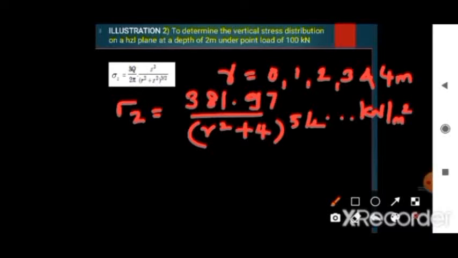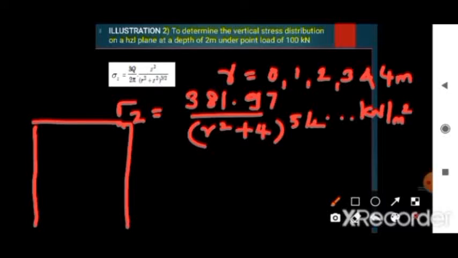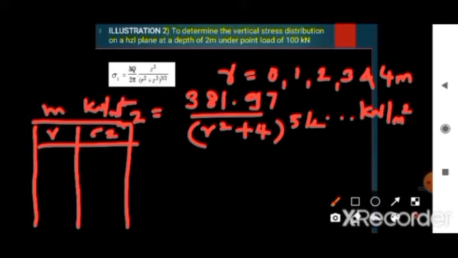So here we calculate the value of sigma z. This is r, in terms of meter, and this is sigma z, in terms of kilonewton per meter square.